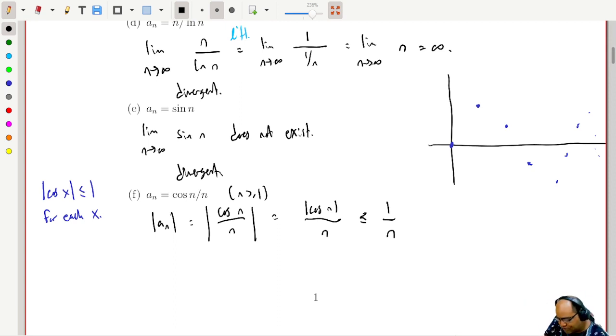Now we have a nice powerful result here. We know that our unknown sequence, a_n, is bounded from below by 0, because absolute value is always greater than or equal to 0. But we also know that it is less than or equal to 1 over n. Now, remember what the squeeze theorem says.